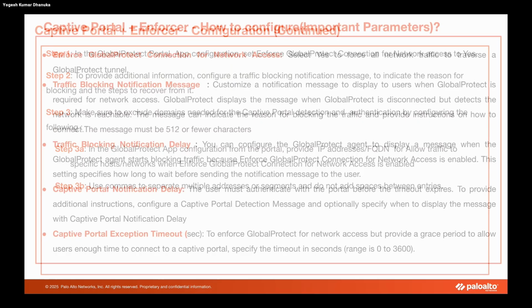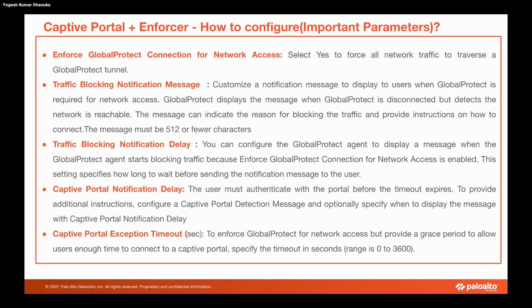So as we were talking about the notification message, there are a few other notification messages. First of all, the notification message comes up for the enforcer that you need to connect to the GP to get the network access. Then you can configure a delay, a specific timer for the captive portal notification to come up. Primarily, we are talking about the captive portal exception timeout.